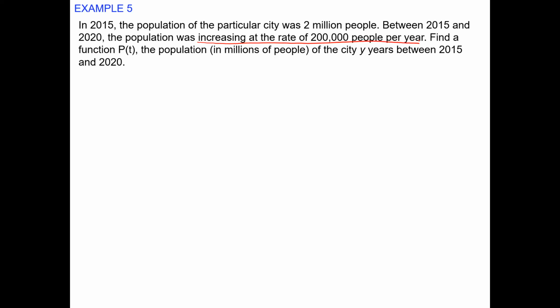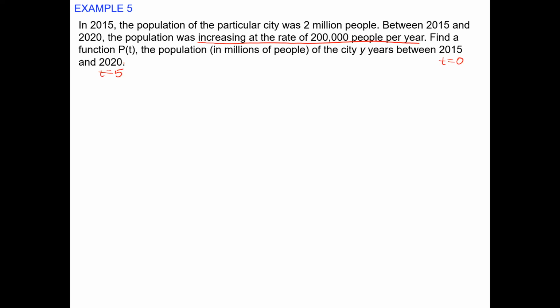Find a function, population of time, P of t, the population in millions, million has 6 zeros, of the city in years between 2015 and 2020. That means 2015 we can consider as an initial value, time 0. Five years later, it will be 2020, so time is 5.